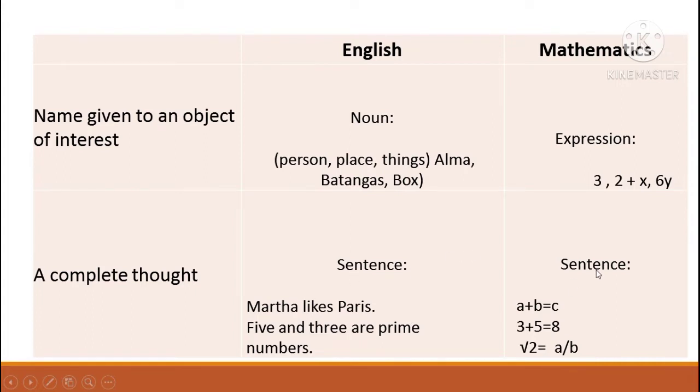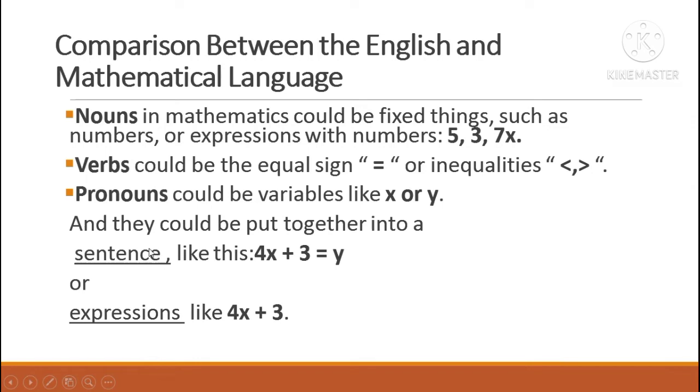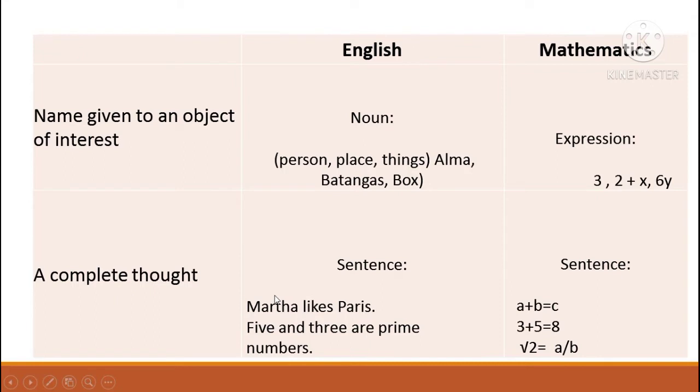And this one is a sentence again: A plus B is equals to C. 3 plus 5 is equals to 8. The square root of 2 is equals to A over B. As you can see here, they are put together. Example is 4x plus 3 equals y. We call them a sentence.